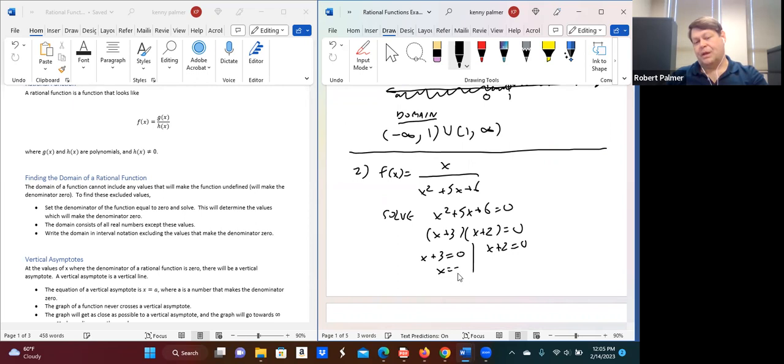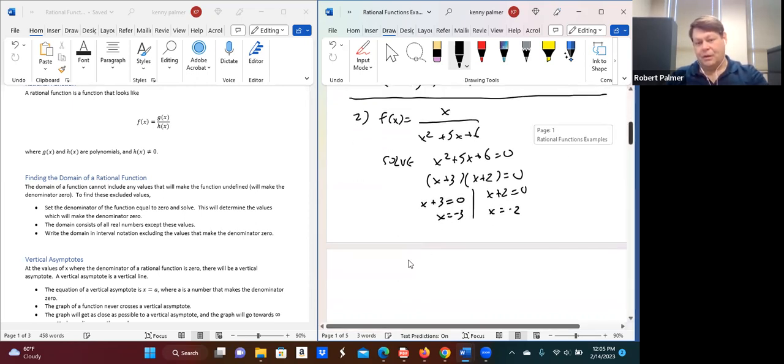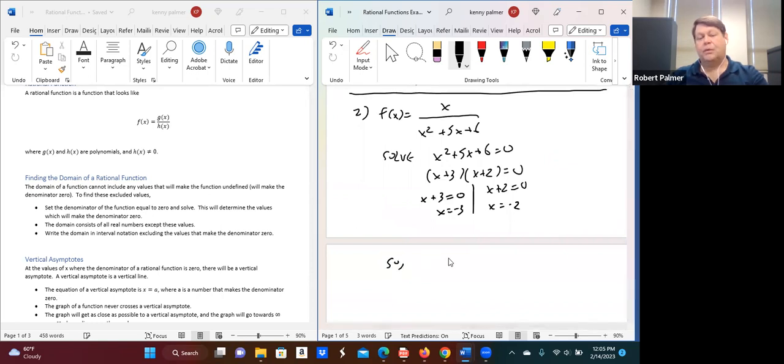And of course, it will give us negative 3 and negative 2. Okay. So based on what this says, x can't be -3 and x can't be -2, or f of x will be undefined. Our function will be undefined if we plug those in.